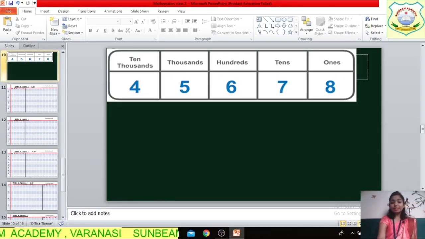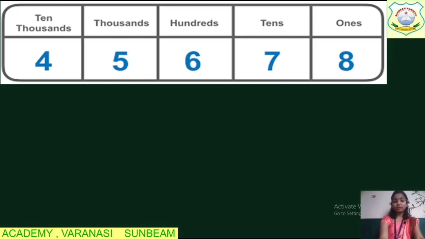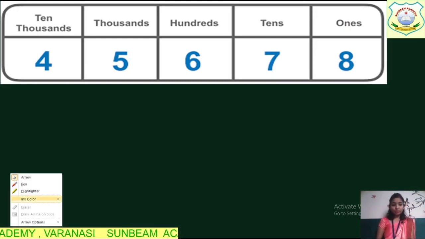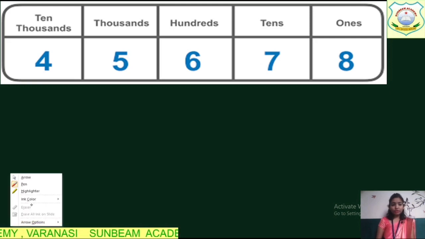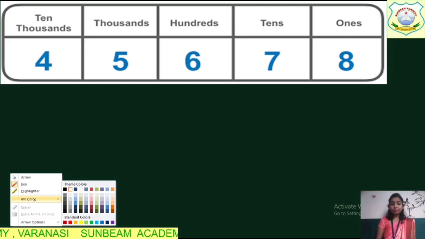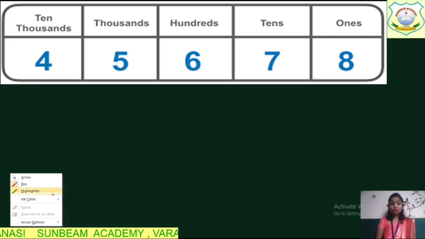Now let's take one more example. I am going to explain one more example, so be ready. You can see on the board, it's written 4 at 10,000 place, 5 at 1,000 place, 6 at 100 place, 7 at 10's place and 8 at 1's place. And how to write it? You need to understand so that we can write it down in the questions.